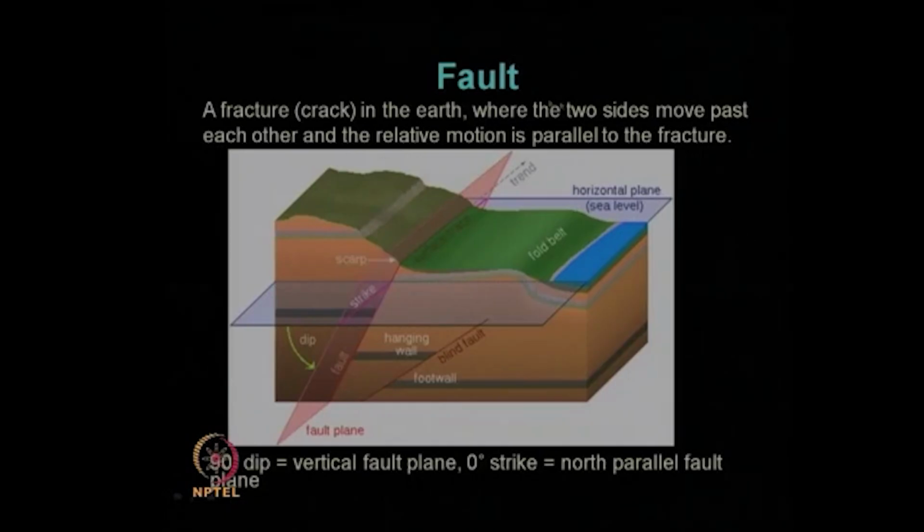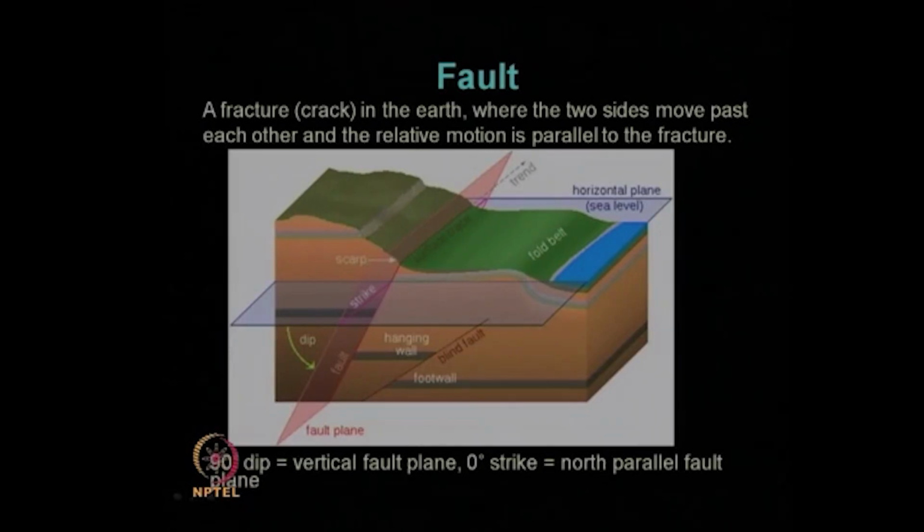So, these are the nomenclature we use to identify the fault location at a particular place. That is, we mention those fault planes in terms of their angle of dip and angle of strike with respect to the horizontal plane.